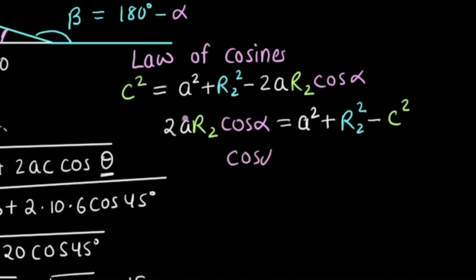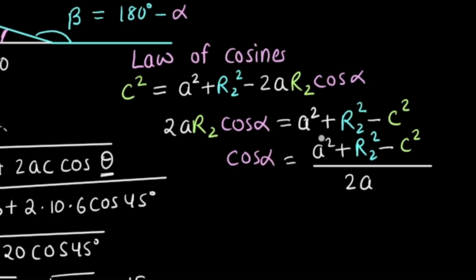So we get cosine alpha equals A squared plus R2 squared minus C squared divided by 2AR2. Now we're going to plug in the values of A, R2, and C in the right hand side of this equation. What do we get?